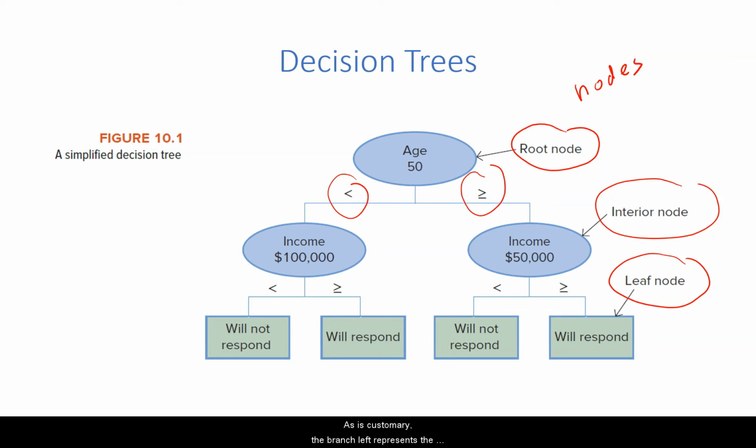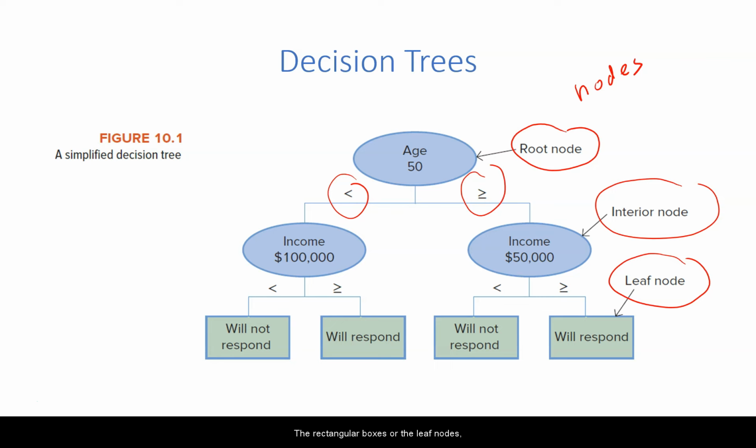As is customary, the branch left usually represents the less than, whereas the branch right usually represents the greater than or equal to in the logical comparison. However, this is not always the case in different software products. You will need to pay attention to the different convention used for drawing decision trees when using the software product.